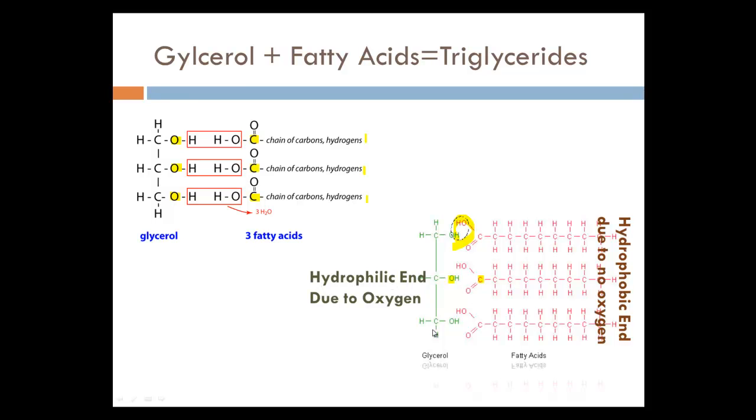So this portion right here is hydrophilic, while the portion over here without any hydrogens is hydrophobic, which means that it has no charge. So fatty acids, triglycerides, tend to turn themselves so that the side with the more oxygens turns towards the water, while the hydrophobic end turns away from the water.